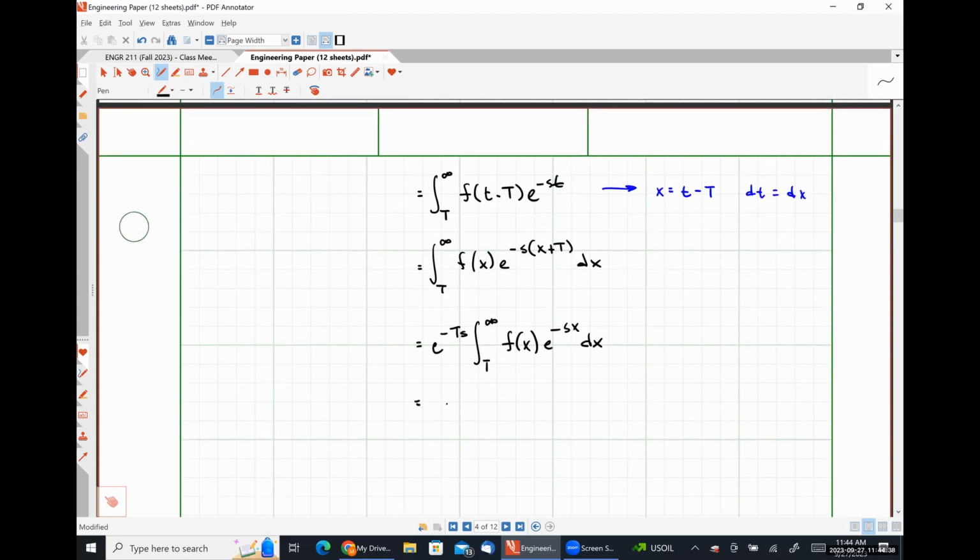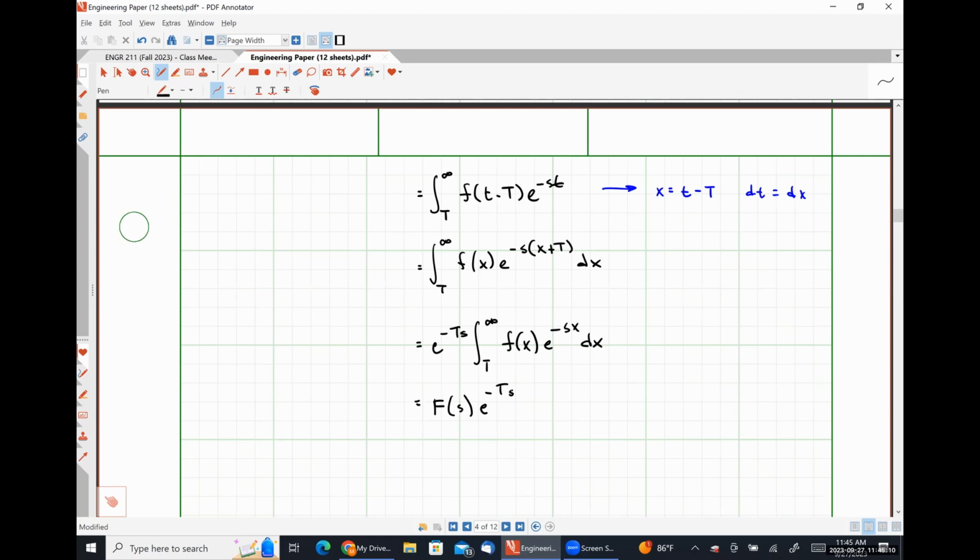And we are left with F of s times e to the negative capital T times s. So effectively, a shift in time by some amount capital T means that we simply multiply our Laplace transform by a factor of e to the negative capital T times s.